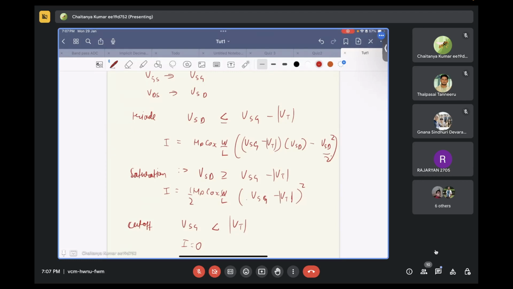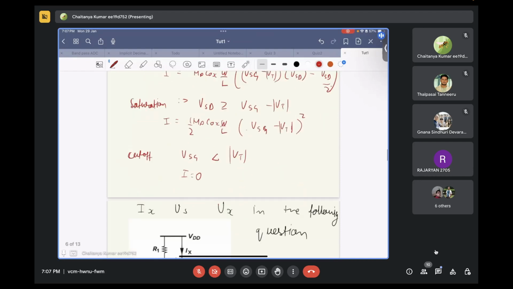Is this clear? Yes, sir. So you need not remember whether it has to be plus or minus, which sometimes becomes confusing. So I try to remember it this way. So this is done.